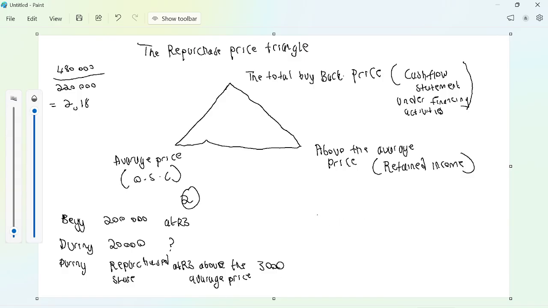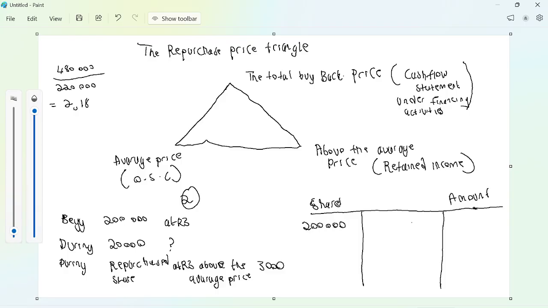So in this case, guys, we're also asked to complete our ordinary share capital note. So we have shares, we have amount. At the beginning of the year, how many shares did we have? 200,000 shares, right? At 3 rands, right?